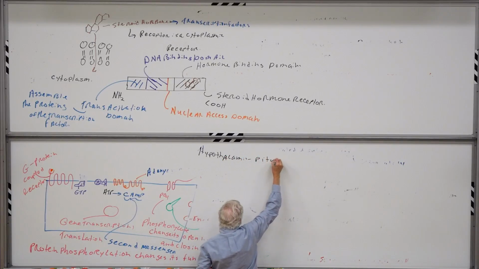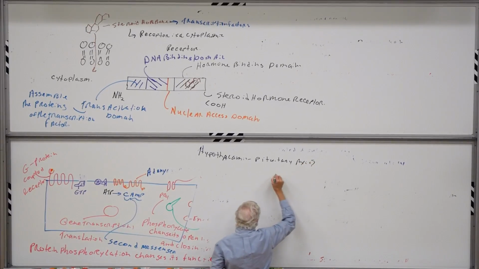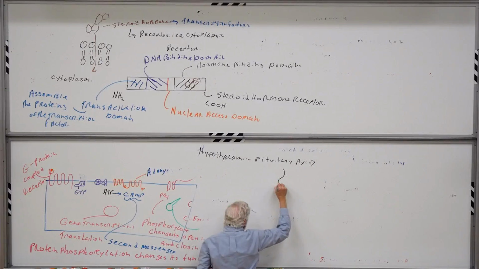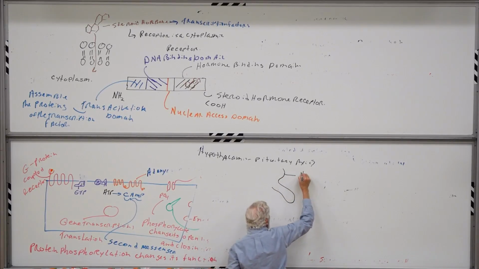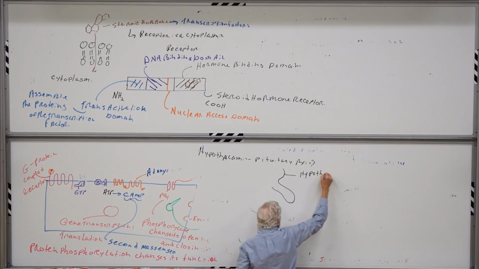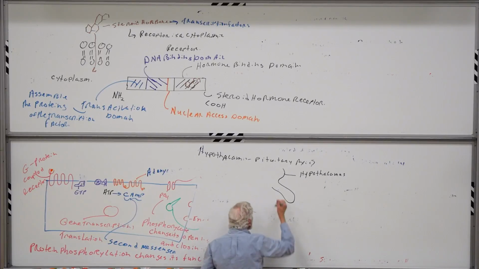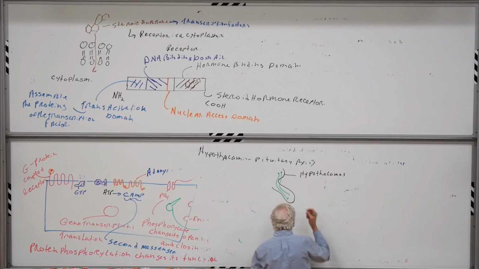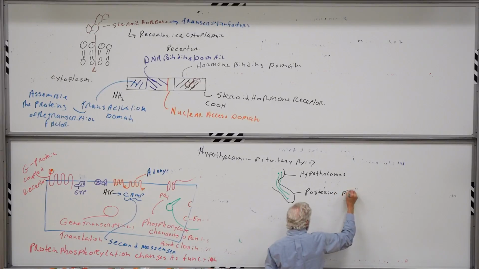So there's an extension here of the hypothalamus. So this structure up here is the hypothalamus. And there are neurons in the hypothalamus that send their process from the hypothalamus out into the structure here, which is known as the posterior pituitary.